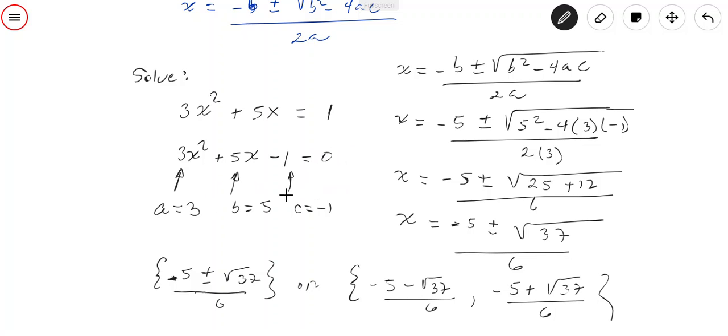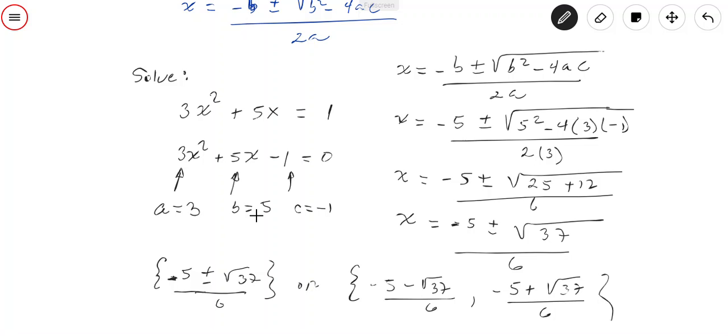Once I had my equation in standard quadratic form, I found the values of a, b, and c, and then I substituted the values into the formula. Then I was ready to do the arithmetic to solve the equation. I wasn't able to simplify the square root of 37, so I left it like that.